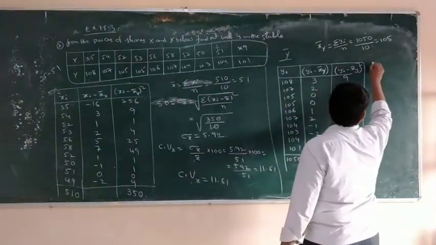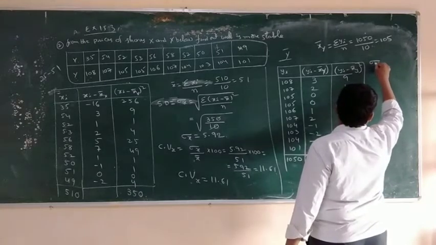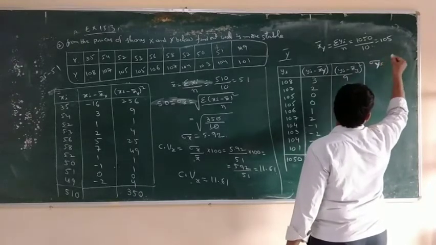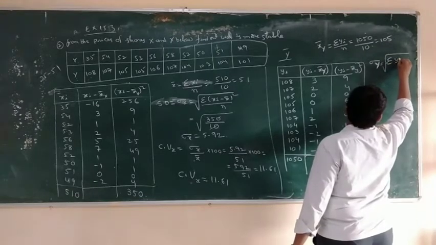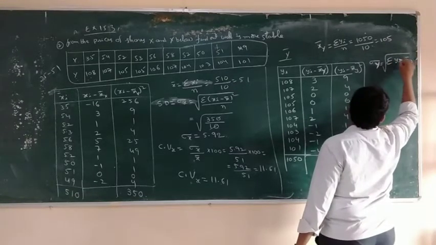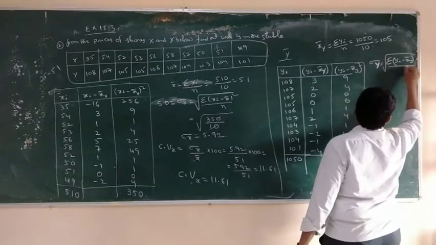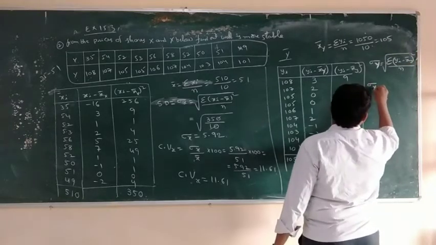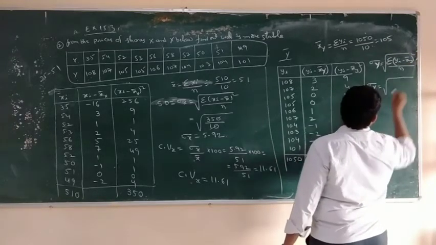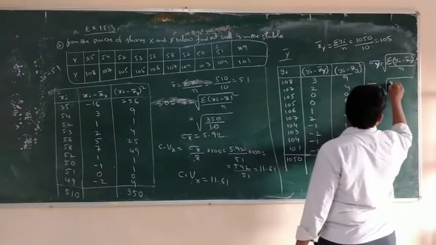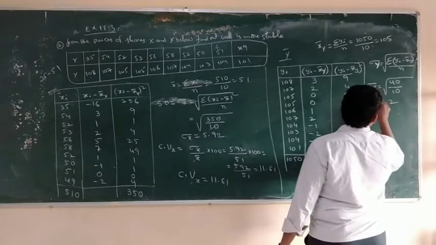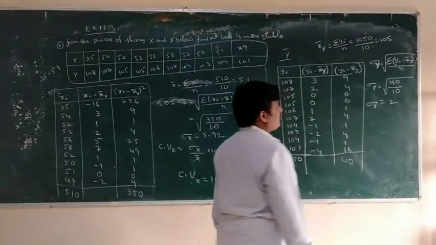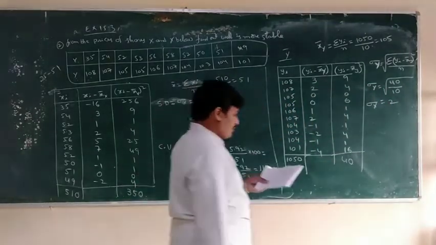So the standard deviation for y is root of sigma yi minus y bar whole square by n, which is root of 40 by 10. 40 by 10 is 4, so sigma y is 2.